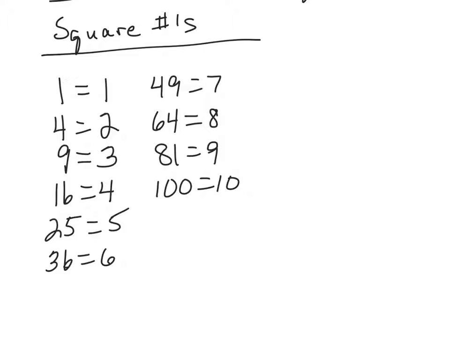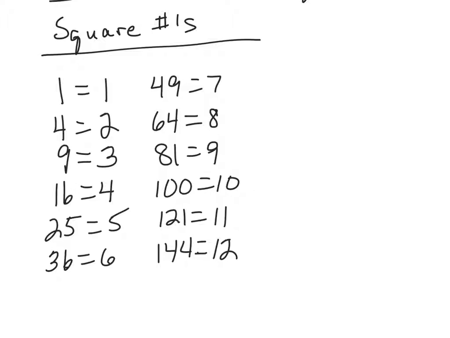Let's do 5 more. Anybody know what 11 times 11 is? 121. That's right. Anybody know what 12 times 12 is? 144. Okay, anybody know what 13 times 13 is? 156?